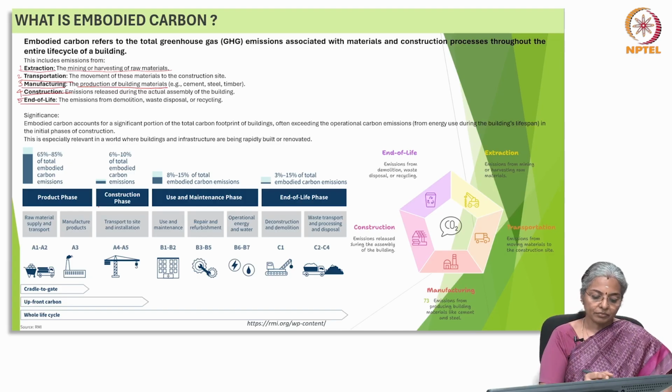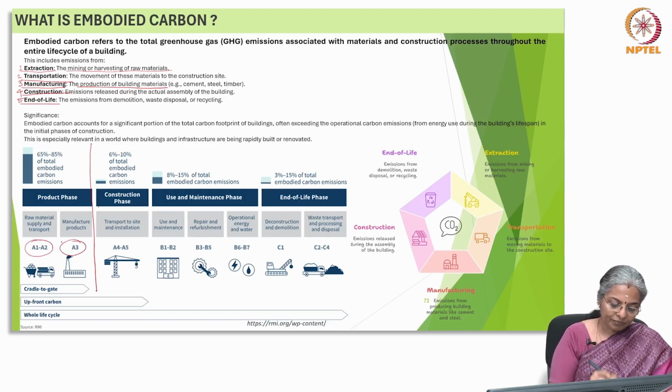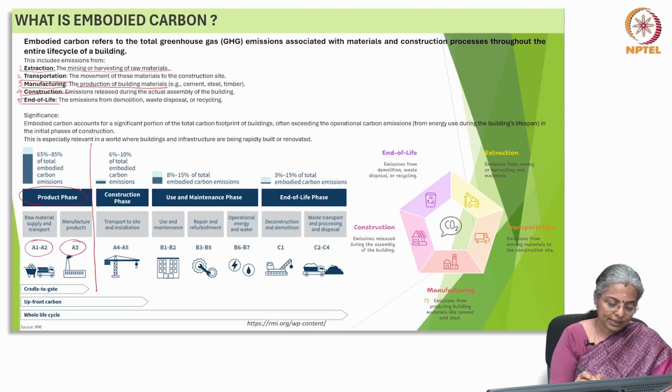But then we see that there are these phases. A1, A2, A3 is the product phase, which is raw material supply, transport to the factory, and the manufacture.